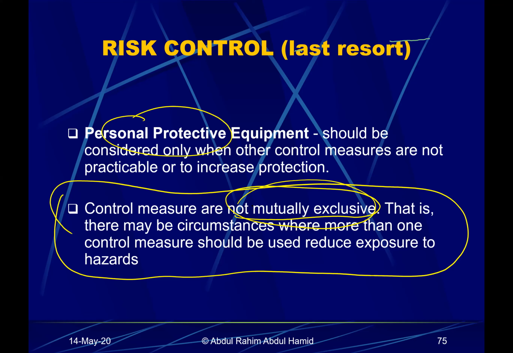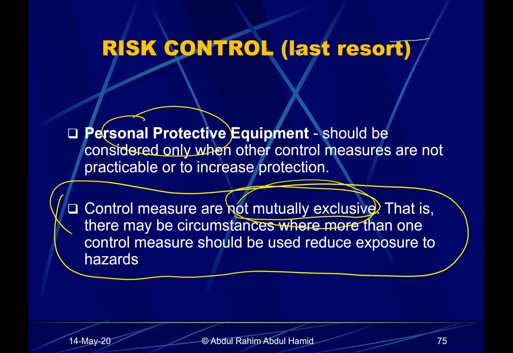In combination meaning to say, they could be most effective measure. So maybe you will use that thing, one, and then combination with PPE, combination is with engineering control and administrative control. Then only you are going to have a perfect control measure. Okay, you just simply cannot rely on one item, PPE.